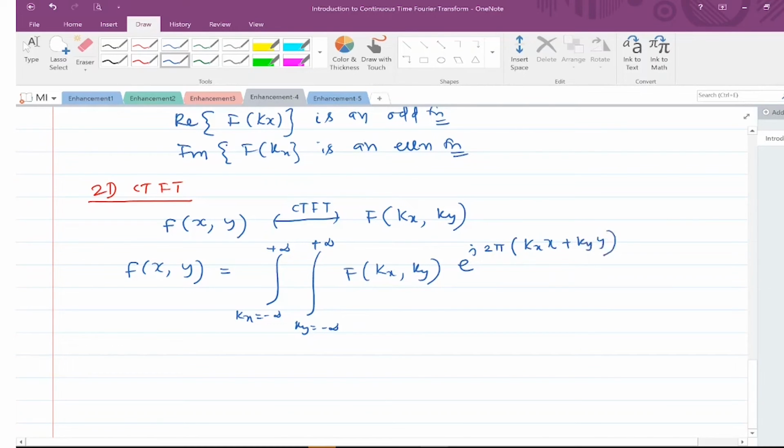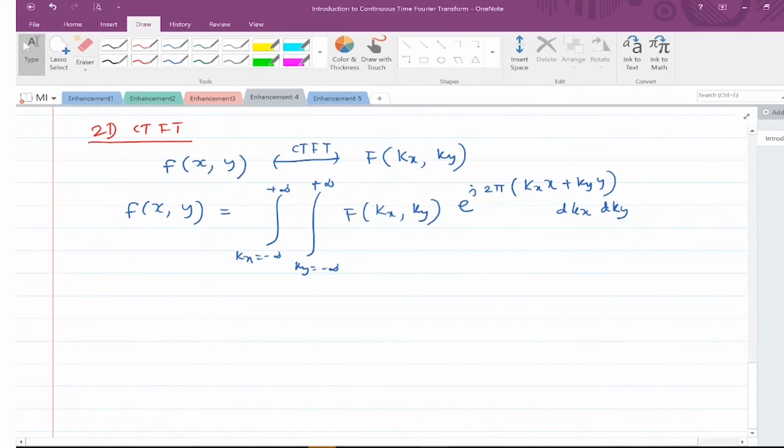Similarly, your ky is also varying from minus infinity to plus infinity. You have here F of kx comma ky times e power, here you will get plus j, right, when you are writing small f of x y. So e power j times 2 pi into kx into x plus ky into y. It is just like multiplying e power j 2 pi kx x by e power j 2 pi ky y; eventually we are summing up both the exponentials and putting them together. Now you are going to integrate over kx and integrate over ky. Now let us write the expression for F of kx comma ky. What would that be equivalent to?